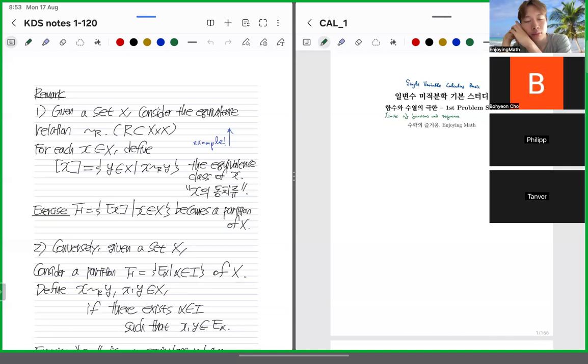If I take the class of one, which means all of the elements which are related with one, I don't have any elements in this class, because one is related with two, but two is not related with one. So this class is actually empty.